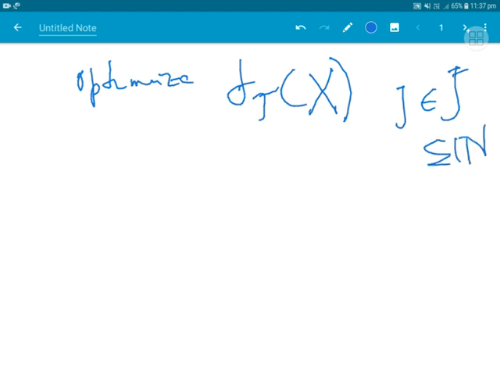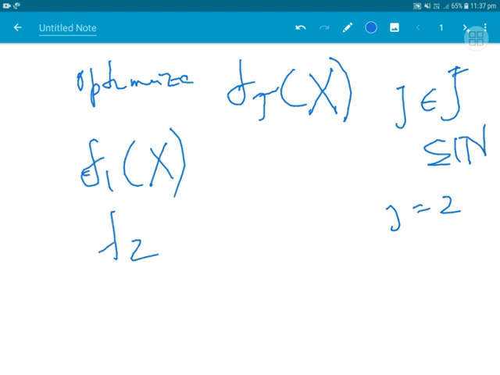That means, suppose if J equals 2, then there are two functions f1(x) and another function f2(x). Then we have to optimize both f1(x) and f2(x). And if in case we have J equal to 1, then it is a single optimization problem. That means a single objective function needs to be optimized, and we are familiar with that one.